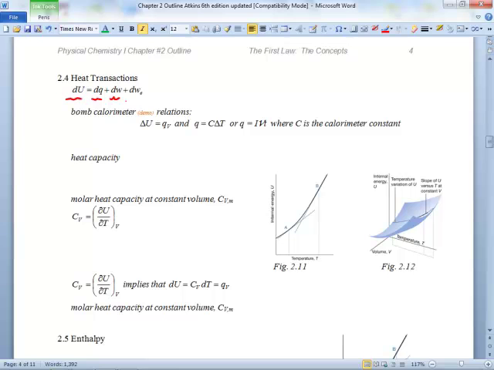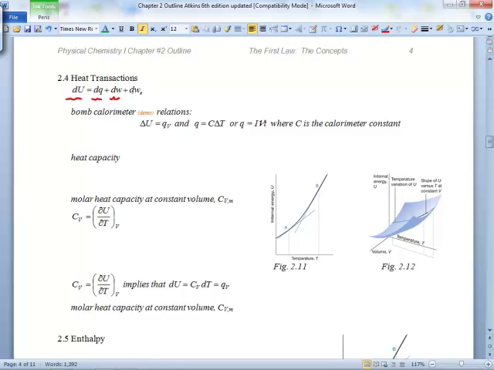W is minus P delta V. W is minus nRT natural log V final over V initial. It's all what? Work to do what? Expansion of a gas or compression of a gas. So the gas can do work on the surroundings, or the surroundings can do work on the gas. Those are the only equations that we're messing with for work.